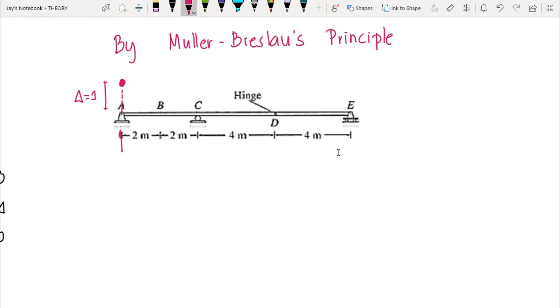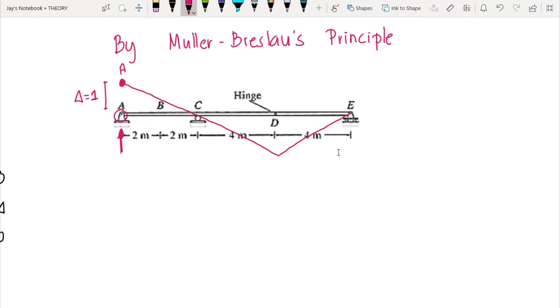Now, our beam still remains rigid, so this would be the deflection of our beam if we move A upward. So this would be the new shape of our beam. Now, imagine if you eliminate the support at A and then you apply a load upward. There would be a movement of that point, and that movement is equivalent to 1 unit deflection. Okay?